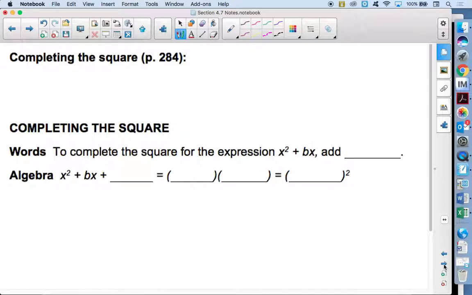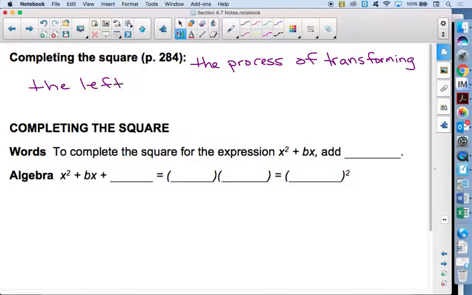So completing the square is a process of transforming, or changing, whatever word you want to use there, the left side to be a perfect square trinomial.